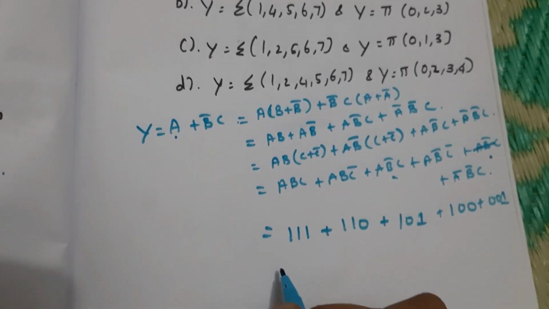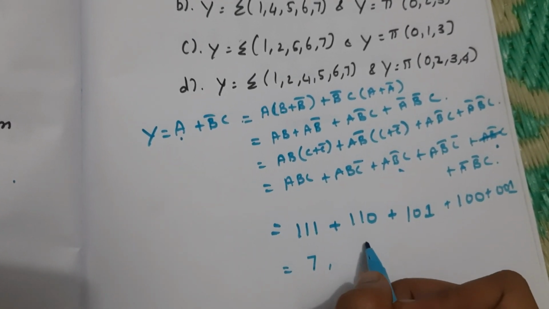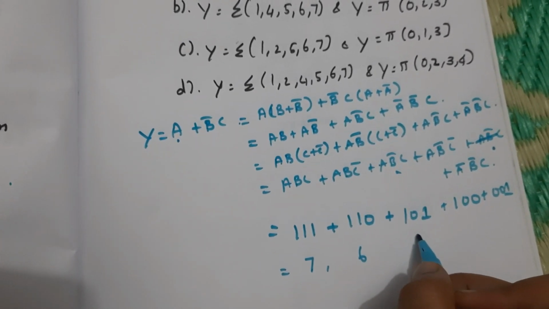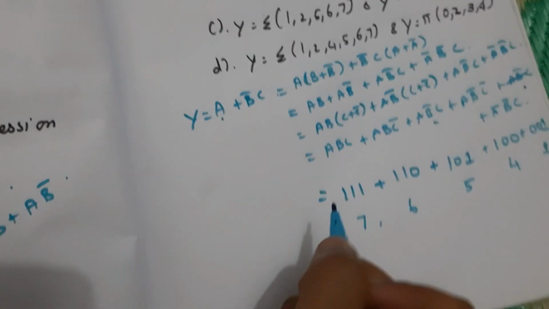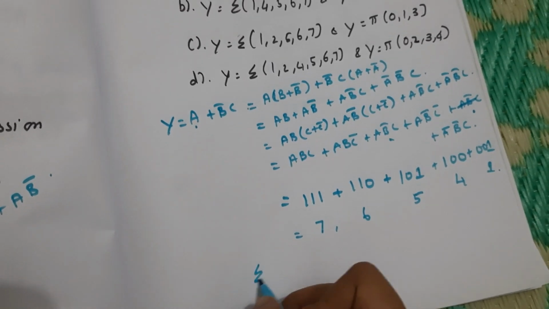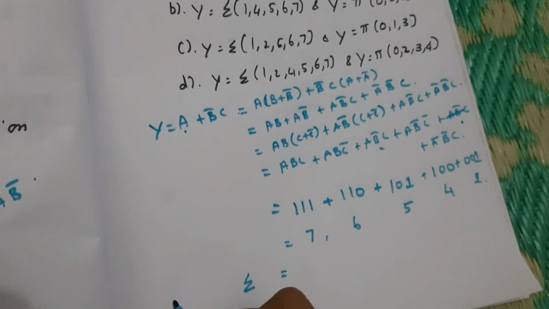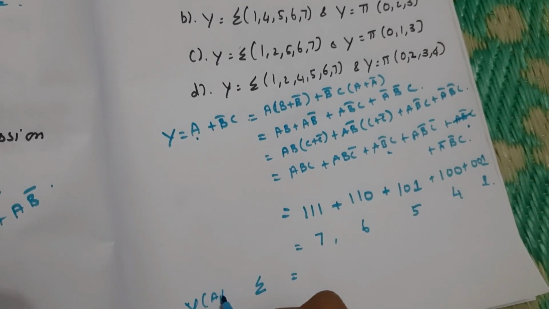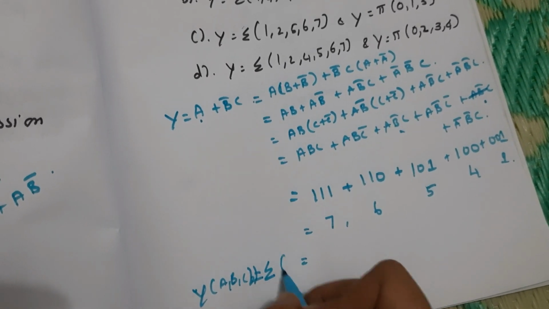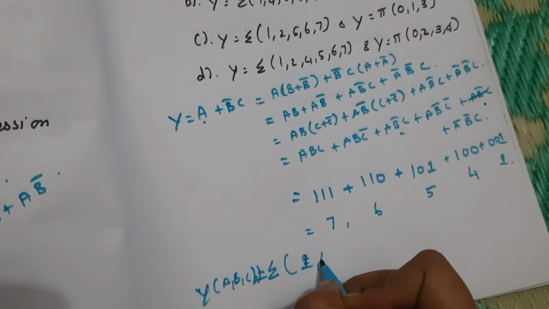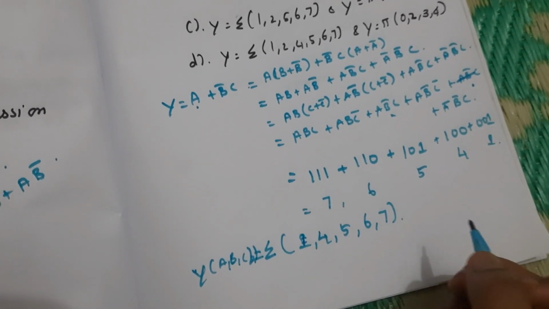So the equivalent decimal of these numbers is 7, 6, 5, 4 and 1. So the sum of these min terms is Y of A, B, C equals min term 1 4 5 6 7.